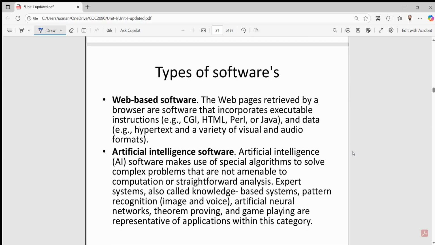Now, the next is called web-based software. Web-based software is like web pages that are retrieved by browsers, software that incorporates executable instructions like CGI, HTML, Perl, or Java, and data that is hypertext or a variety of visual and audio formats. When you retrieve data on a web page, it doesn't have just text. Earlier it had just text.